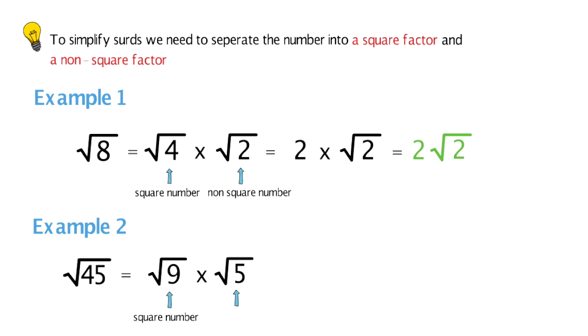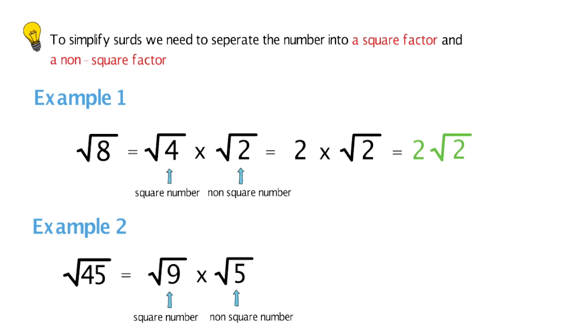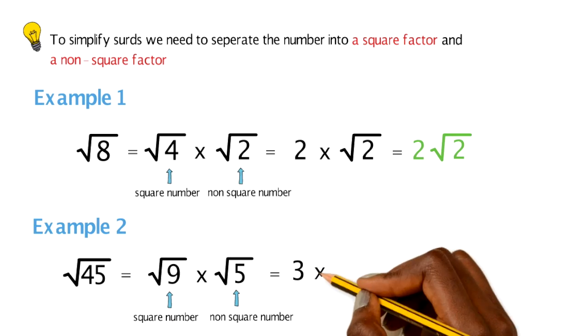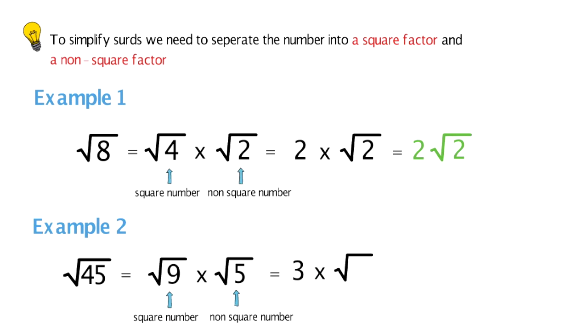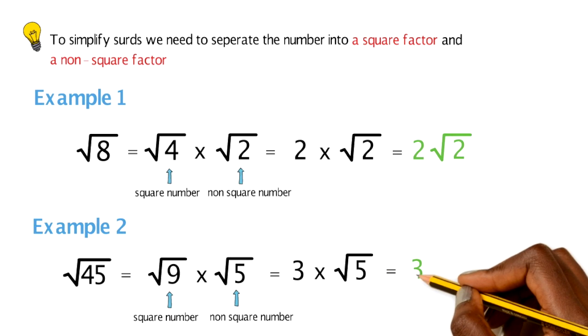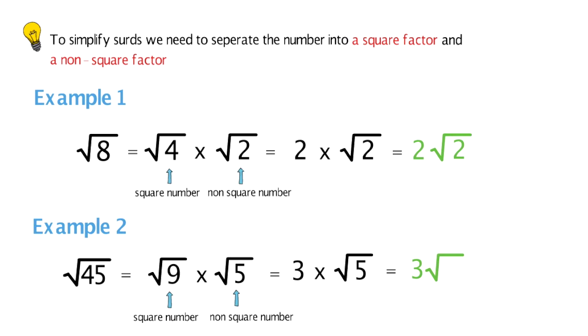The root 9 would simplify into 3, and because we know that root 5 cannot be simplified any further, it would just be kept as root 5. So the final answer for root 45 being simplified as a surd would be 3 root 5.